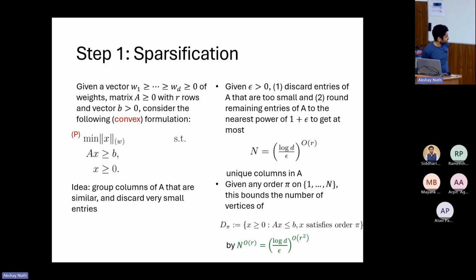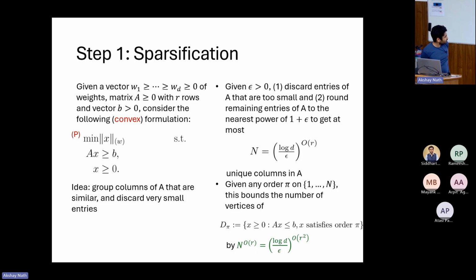So we have this sparsification argument. It's maybe a little tricky, but it's not anything that's non-standard. So far it's all along expected lines, right? Now let me define the polytope D_pi, where I pick orders not on all d numbers, but on these N numbers, capital N, and let me say that this polytope D_pi is the set of all vectors that satisfy this order pi.